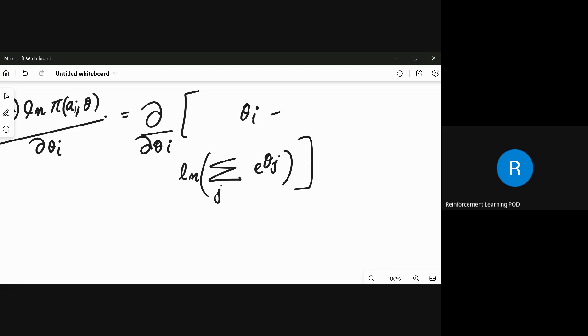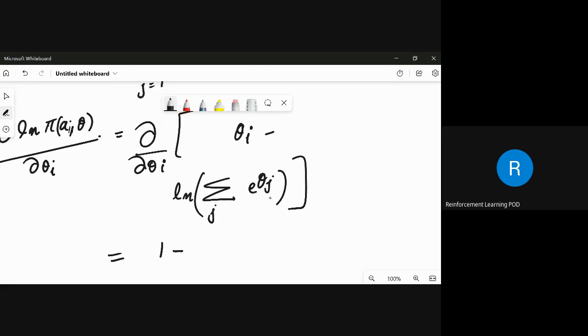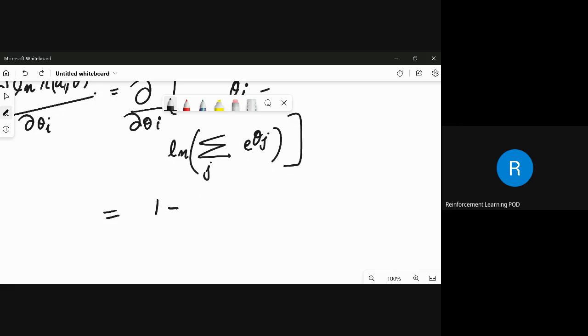Okay. And since we are differentiating with respect to theta i, this will become 1 minus, right? Because differentiating x with respect to x is just 1. This will become sigma j e raised to power theta j. And what will be in the numerator?